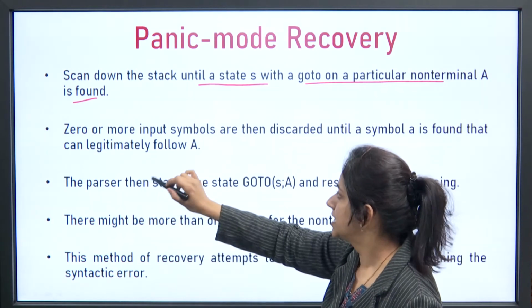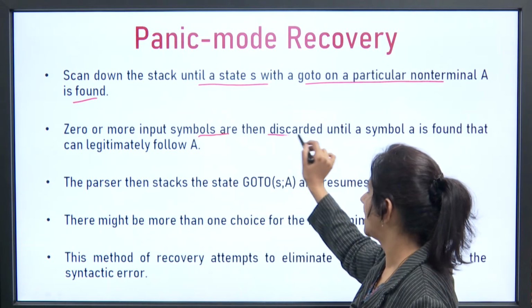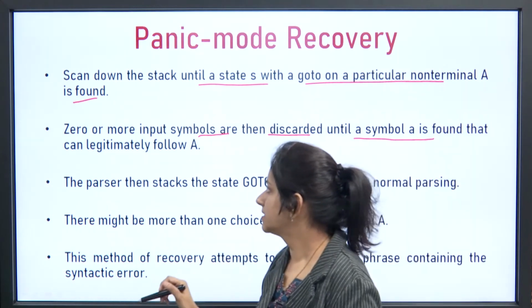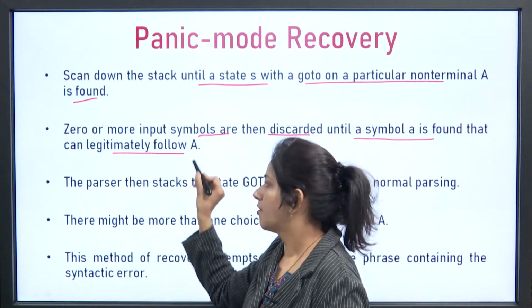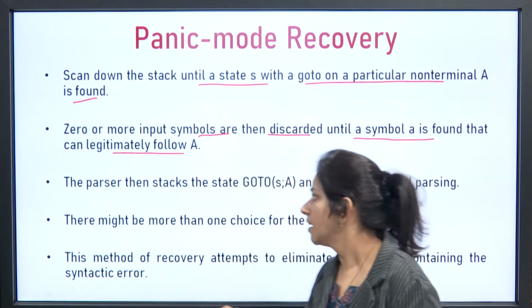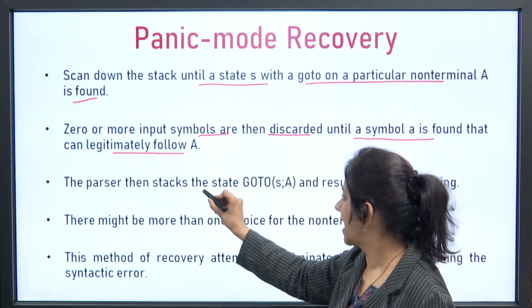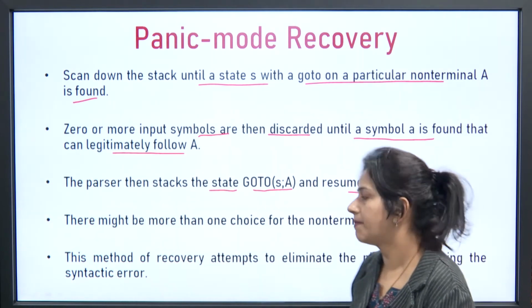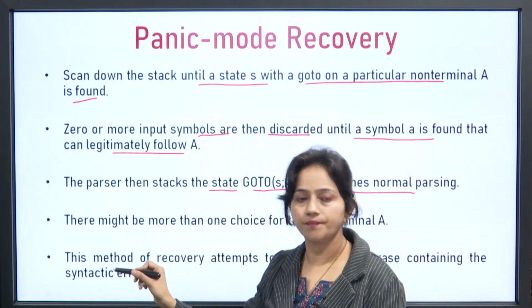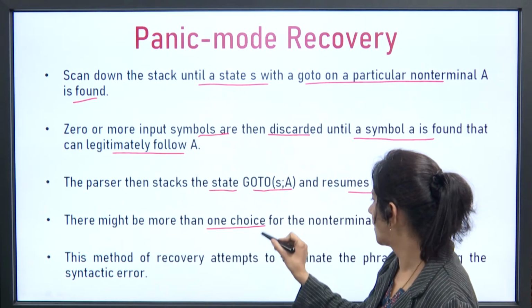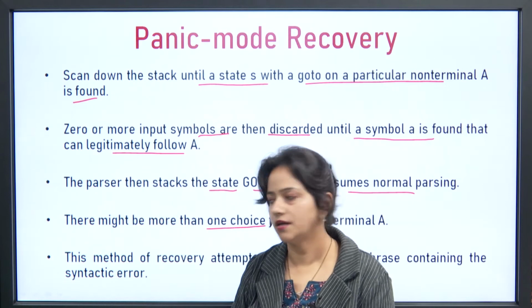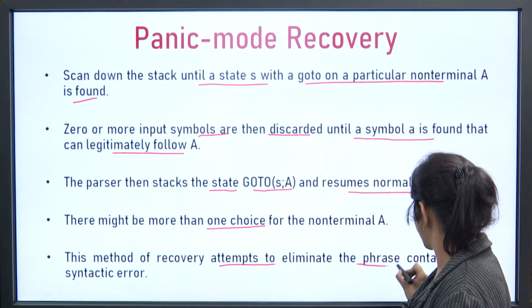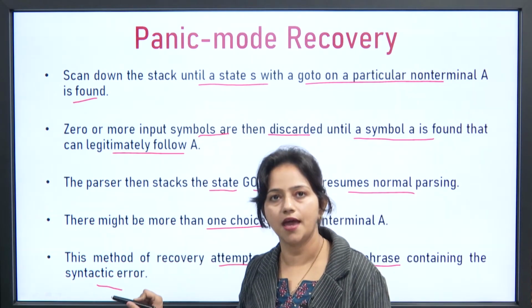Next, zero or more input symbols are discarded until a symbol a is found that can legitimately follow A. The parser then stacks the state goto(S, A) and resumes normal parsing. There might be more than one choice for the non-terminal A. This method of recovery attempts to eliminate the phrase containing the syntactic error.